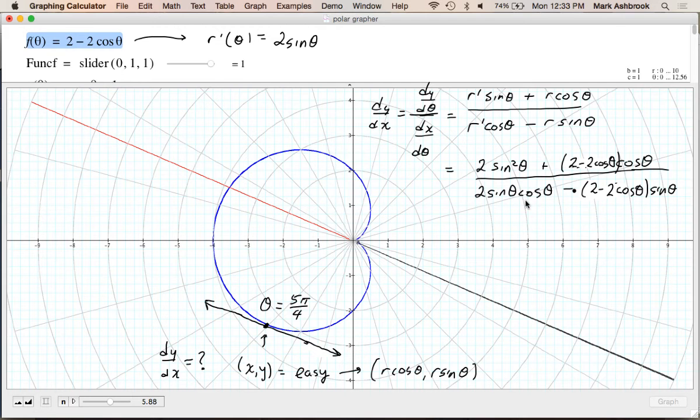And what is our theta? 5 pi over 4. So just lots of arithmetic, right? Plug in 5 pi over 4 into this whole thing. And we're going to get a number, and that's going to be our slope, right?